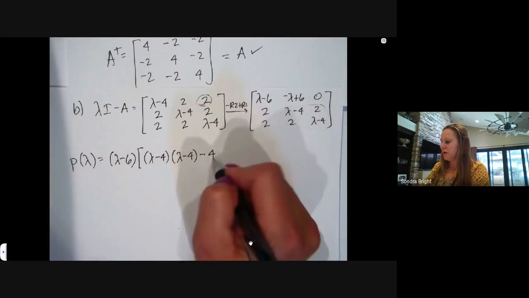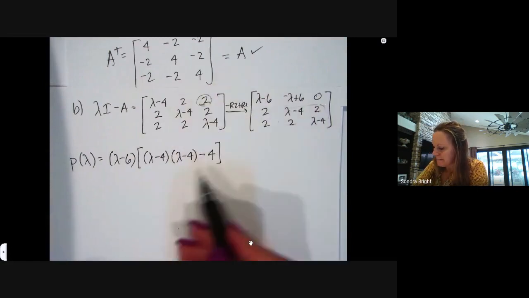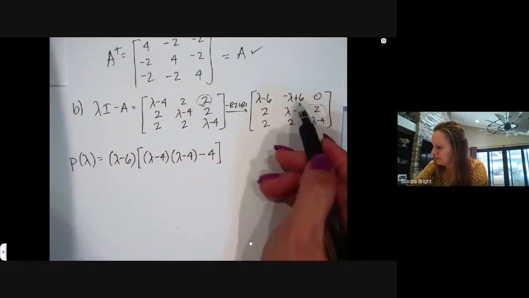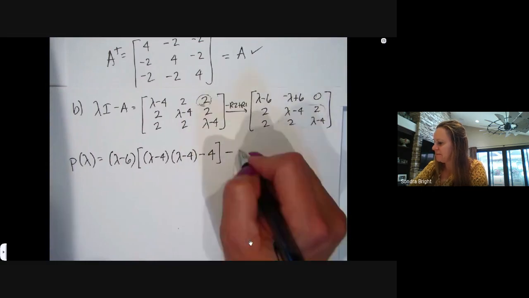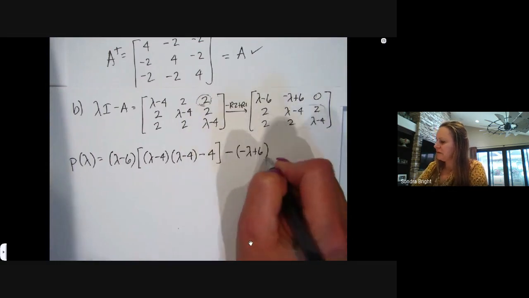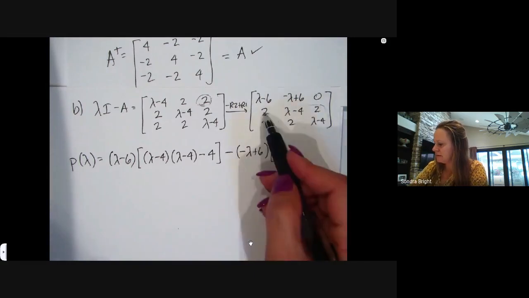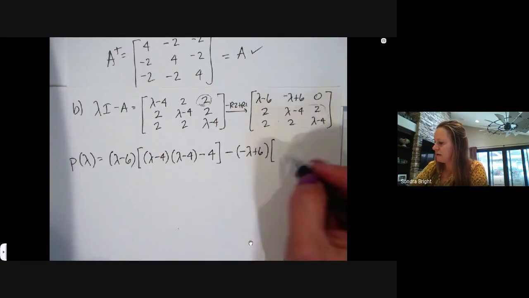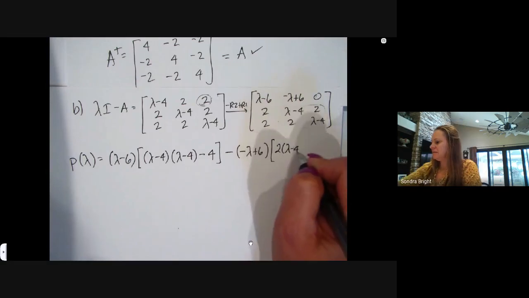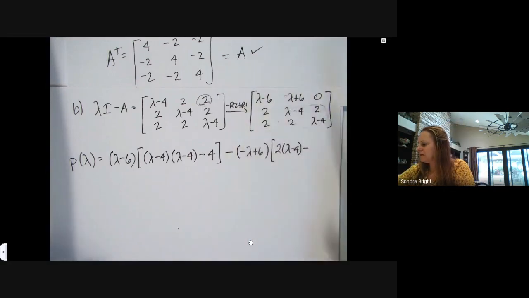You're subtracting 4. And then it's a minus the negative lambda plus 6 times, what would that be? 2 times lambda minus 4 minus a 4.